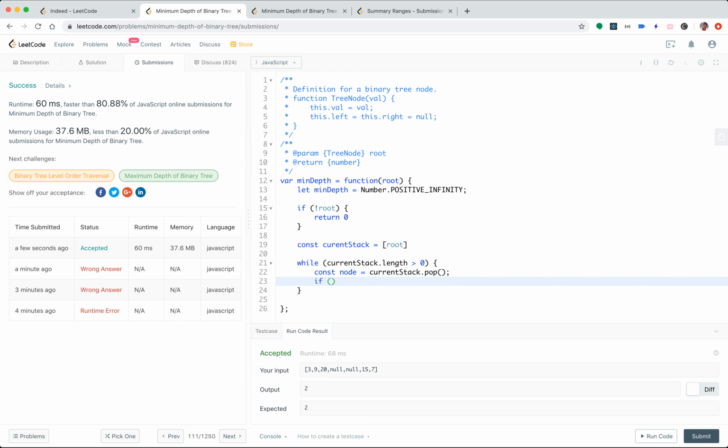I have to keep track of the depth. That is not cool. How can I track the depth if I use DFS?